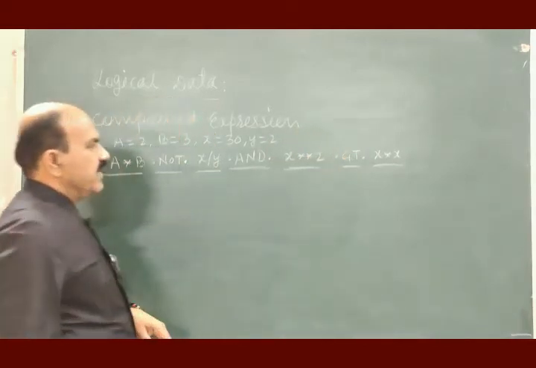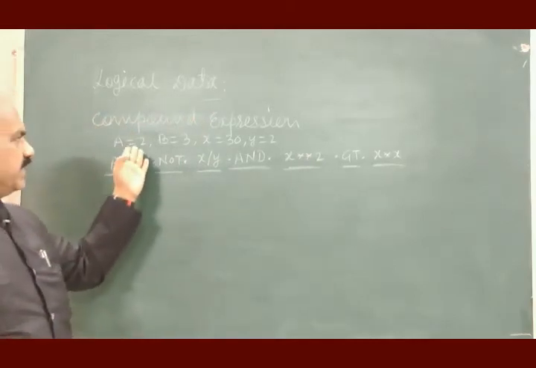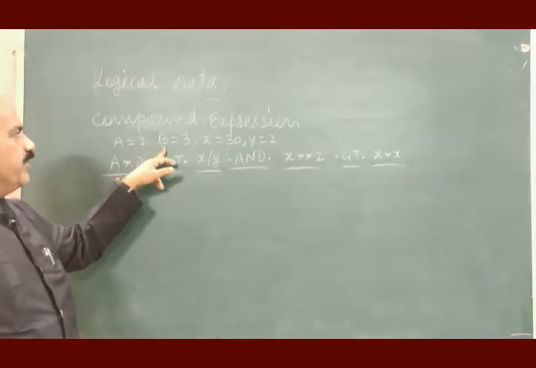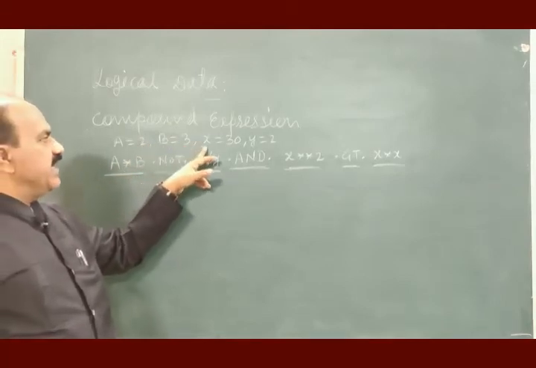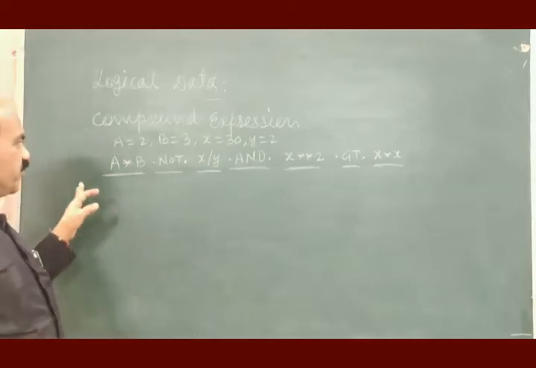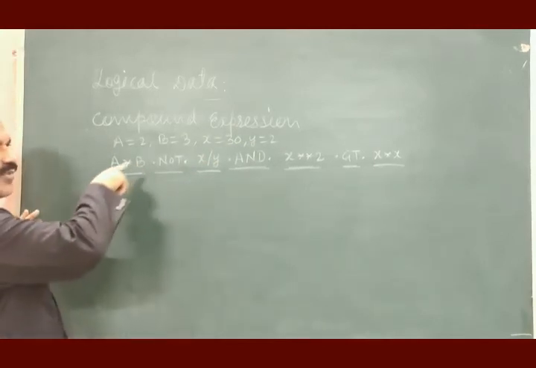A is assigned the value 2, B is assigned 3, X is assigned 30, Y is assigned 2. Let us put these values and solve this compound expression.